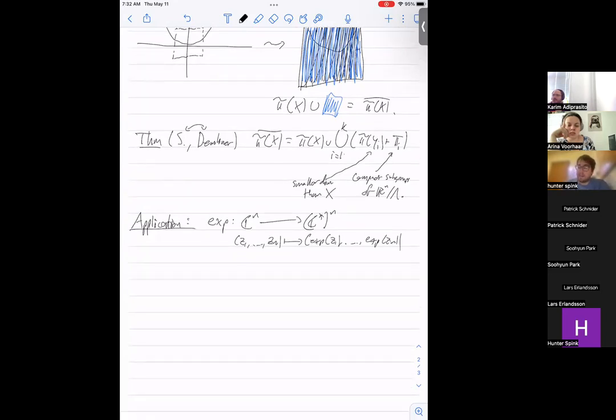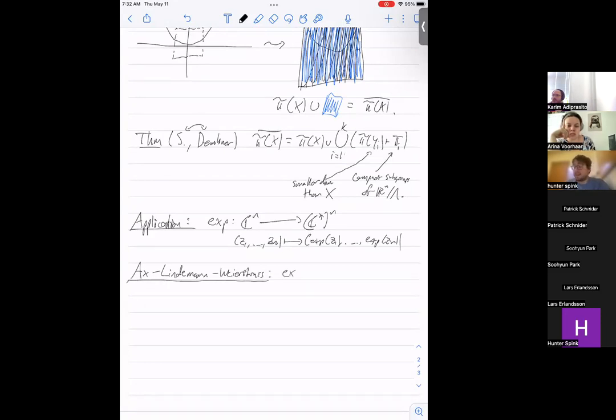Then a very classical theorem describes how exp preserves or doesn't preserve algebraic relations.